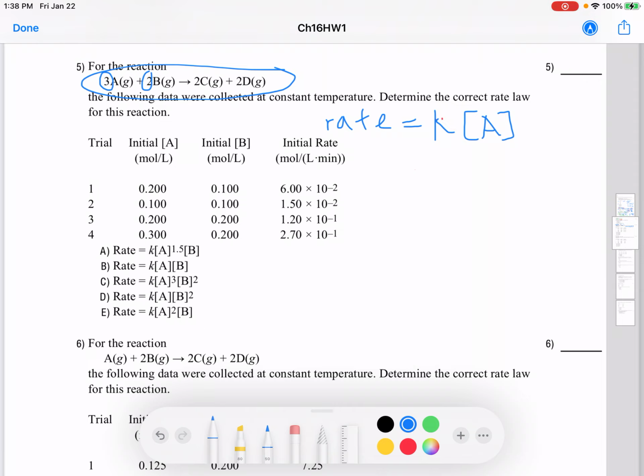So we need to figure out the orders. We're going to represent them as m and n: A to the m, and for B there would be n. Now our goal is to find out what m and n are with the given data.